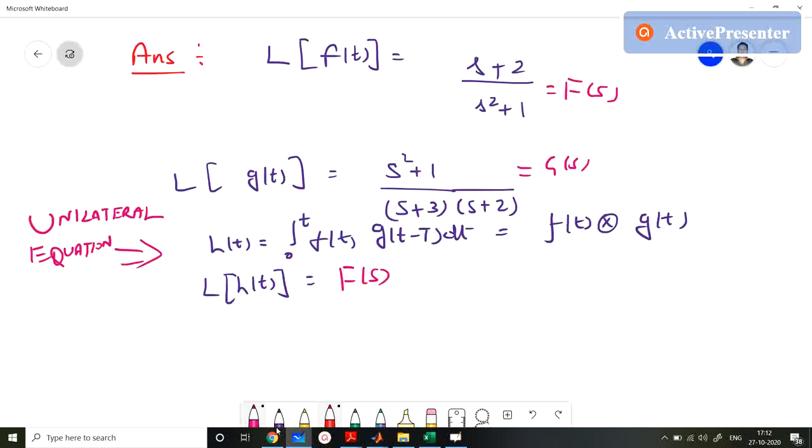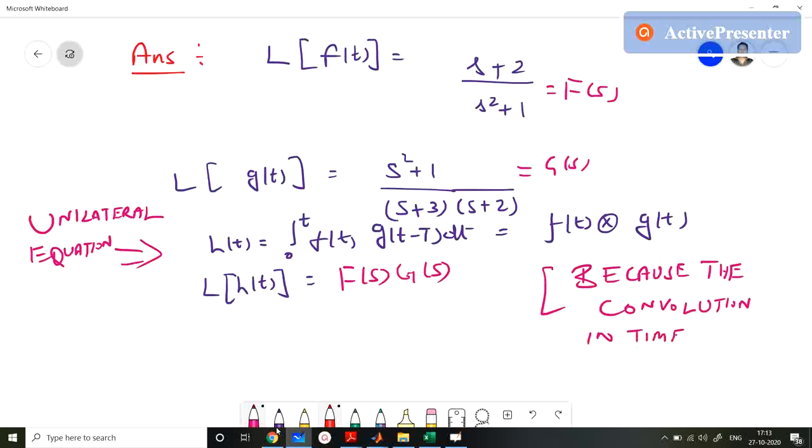The convolution in time domain is equal to multiplication in s domain.